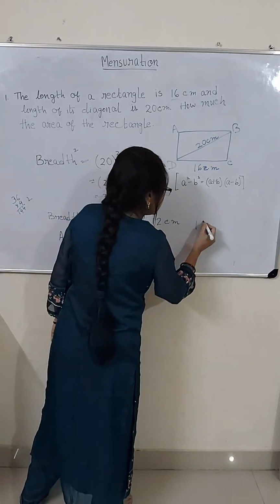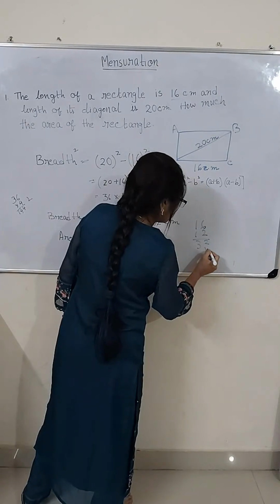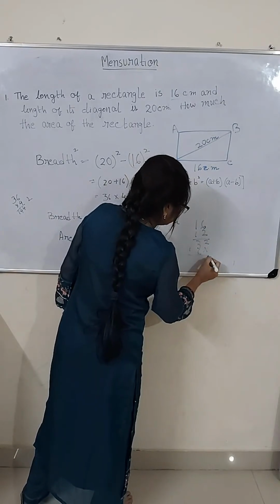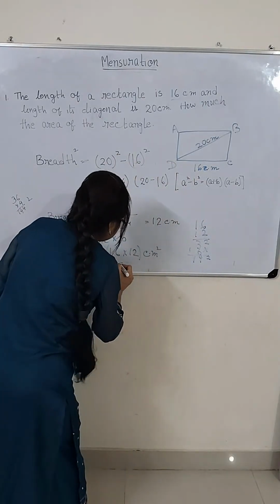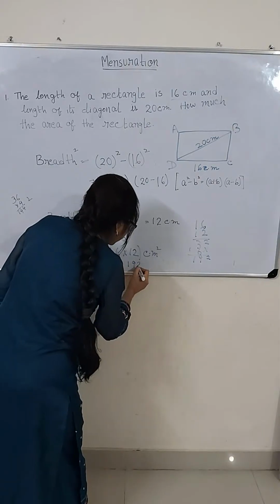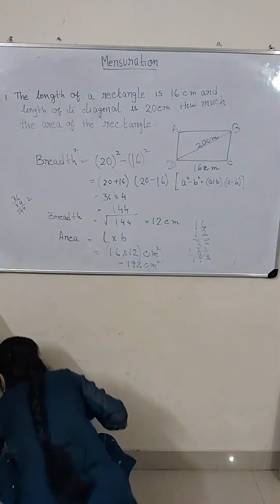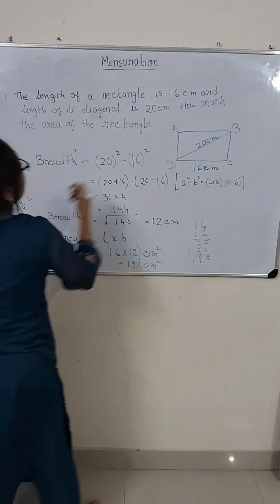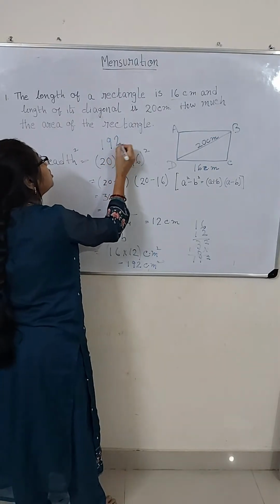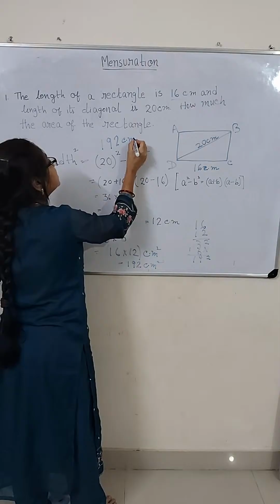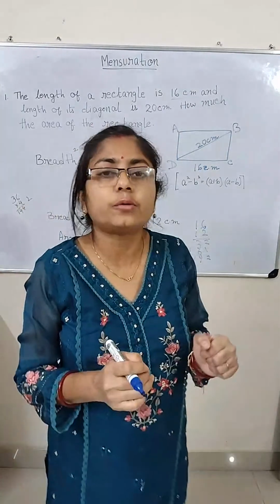You do 16 into 12. 192 centimeter square. Our answer is 192 centimeter square. If anybody has any doubt, please tell me.